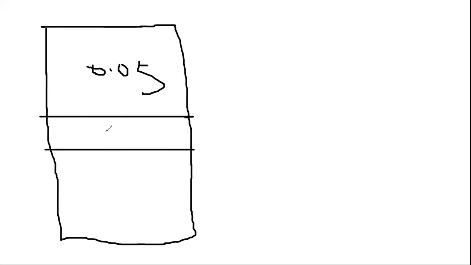Let's say you have a trade running on MetaTrader 4. I'm sure you can see my screen. And you used a lot size of 0.05. Let's say you have a currency pair running, and that currency pair is Euro AUD.